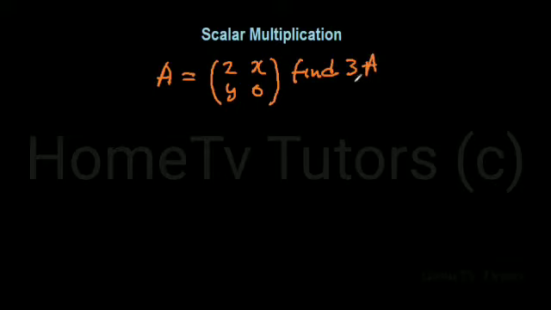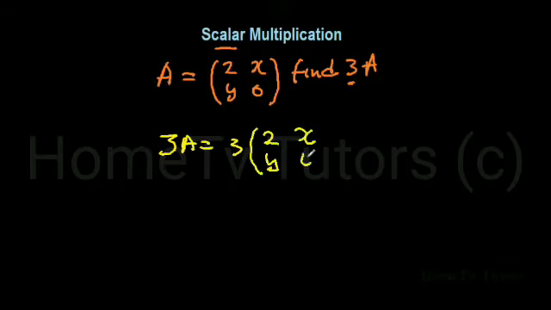The 3 that wants to multiply the matrix A is the scalar. So now 3A equals 3 multiplying the elements of the matrix A, which are 2y, x, 0. So with 3, the scalar, we have to multiply each element of the matrix.